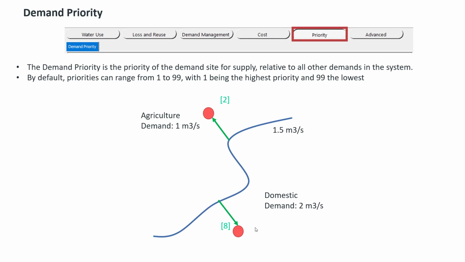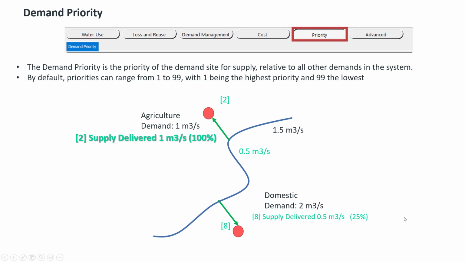Then, if the supply is sufficient, WEAP will allocate water to the domestic demand. Because the agriculture demand is 1 cubic meters per second, there is still 0.5 cubic meters per second available for the domestic demand. The agriculture coverage will be 100%. For the domestic demand will be 25%.